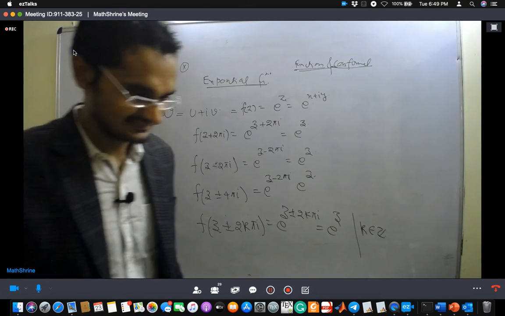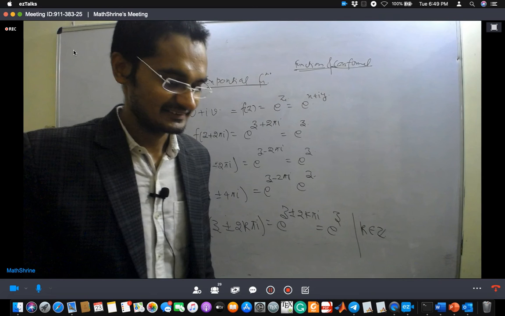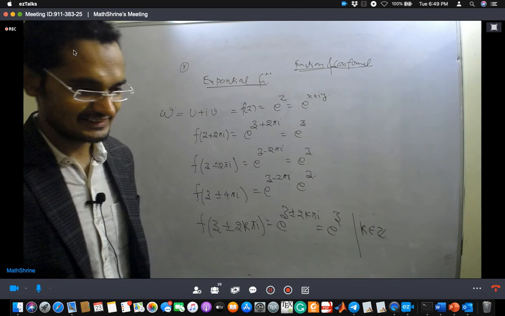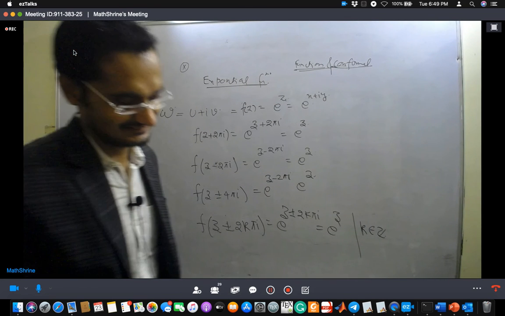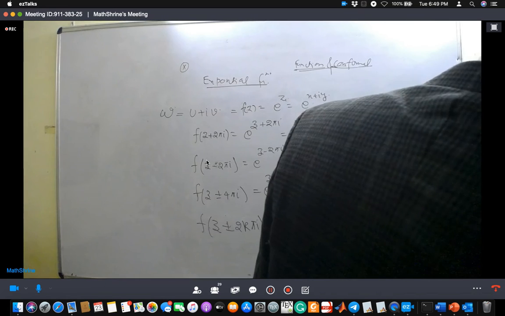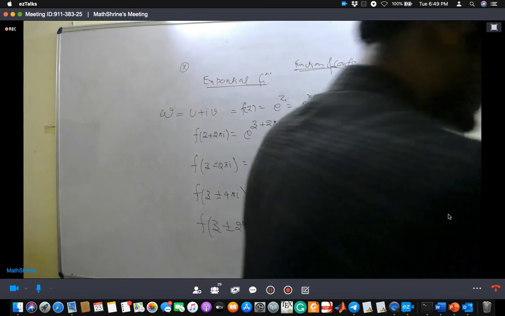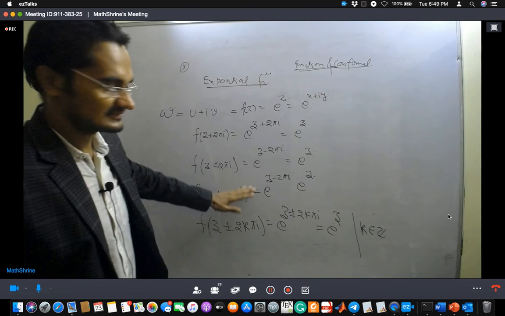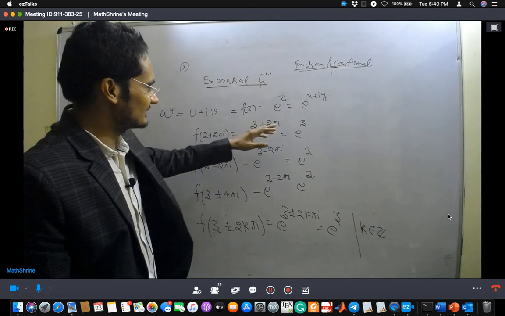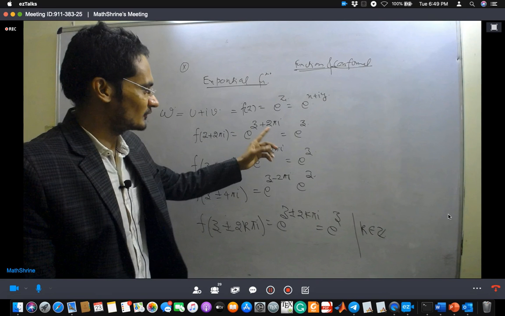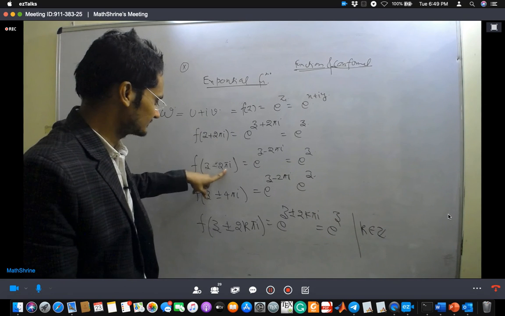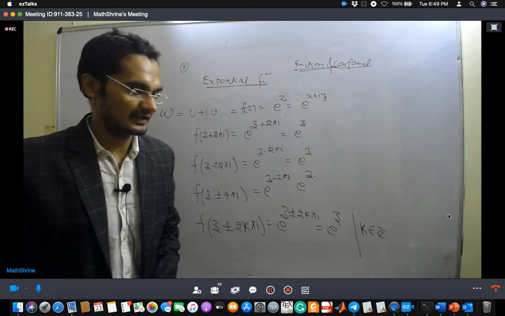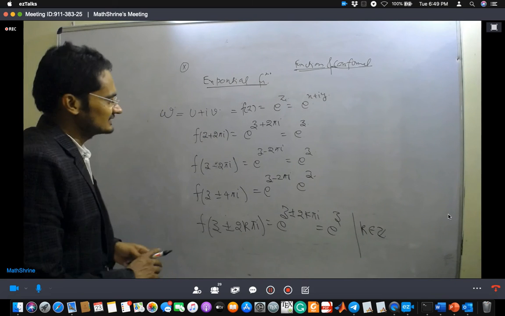So, what is the meaning? If you see that it repeats its point after 2 pi iota, minus 2 pi iota, 4 pi iota, 2k pi iota, and so on, this directly implies that this is not a one-one function.